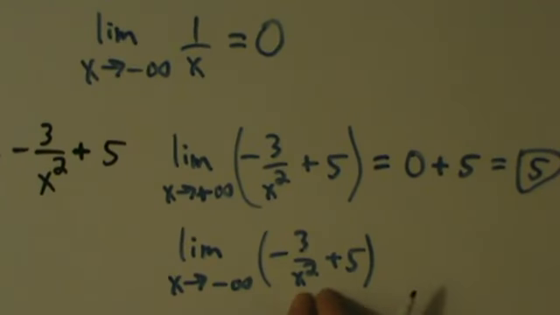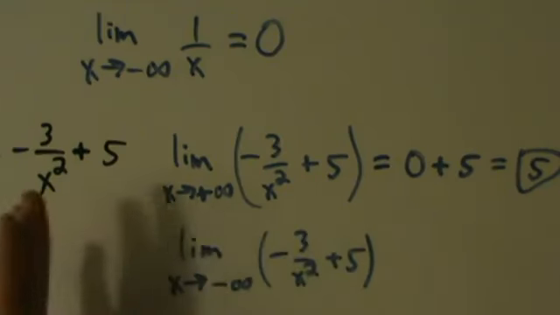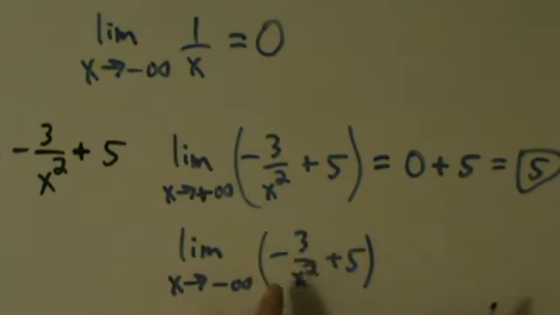The point is that x squared is getting really super huge, far away from 0. So just like before, we have negative 3 divided by something really super huge, so it's a negative number, really teeny tiny, close to 0. Negative 3 divided by x squared just approaches 0.